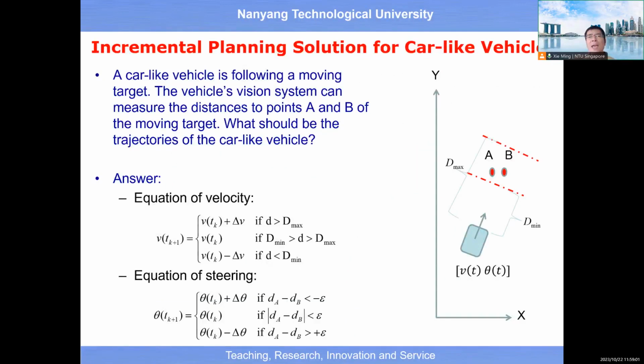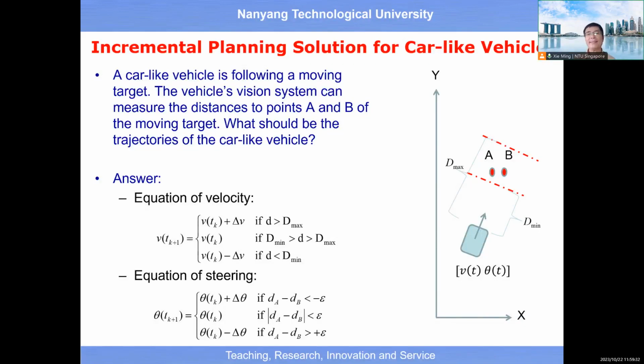And we can also have some incremental planning strategy with other types of sensors. For example, if we have a car-like vehicle, remember for a car-like vehicle, the planning module just needs to output the linear velocity of the car, which is VT, and the steering angle, that is theta t.